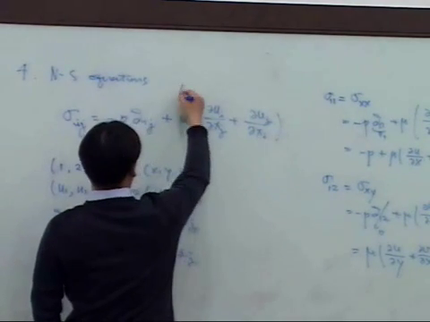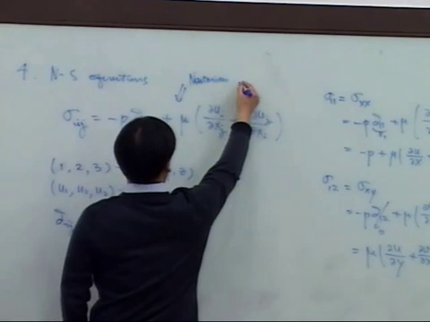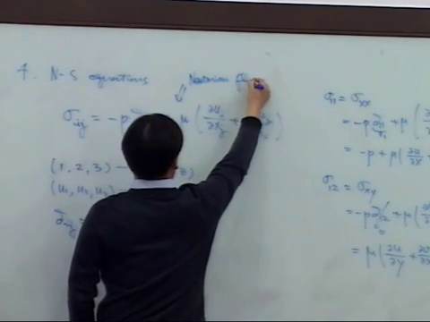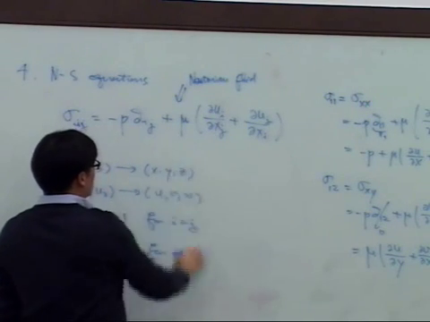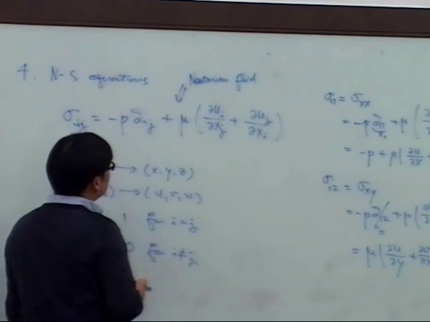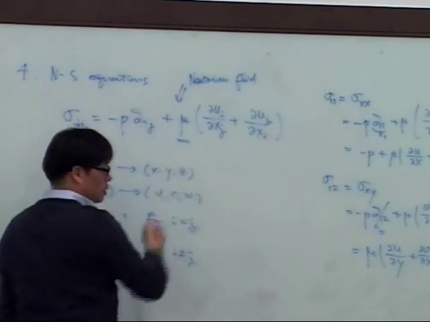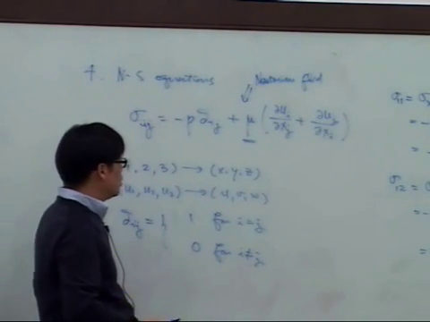Okay, so this is true only for Newtonian fluid. But the majority of fluids that you are going to look at, including water, are Newtonian fluids. And also there is the proportionality between stress and rate of strain, which is mu.